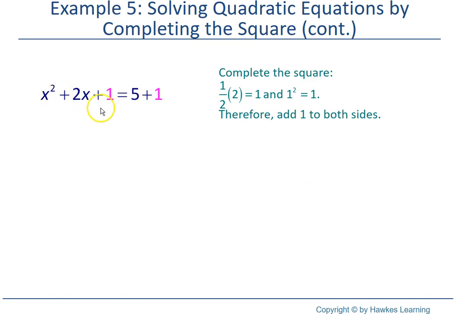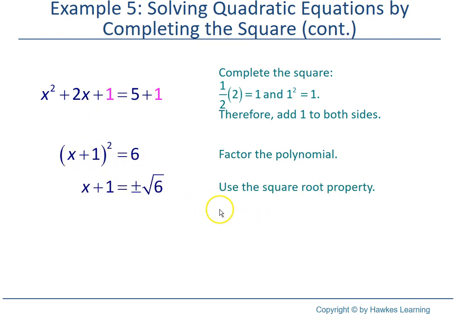Then to make this a perfect square trinomial, we go through that special process. We had to square the 1 that's here, and that gives us a 1 that we add now to both sides. We factor that into its binomial square, take the square root of both sides, and there is our answer. Good job.